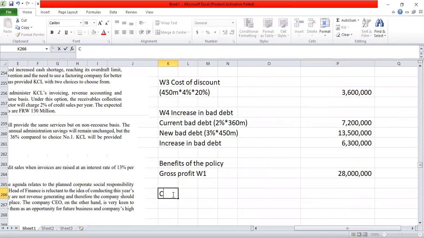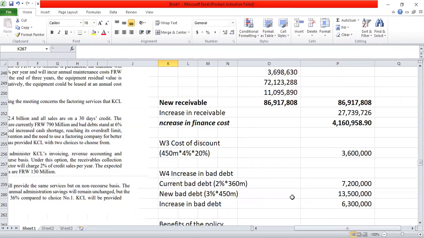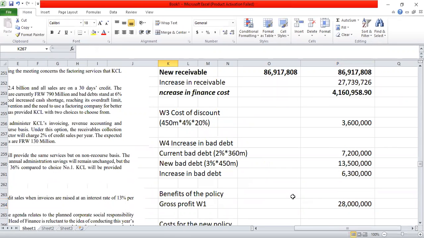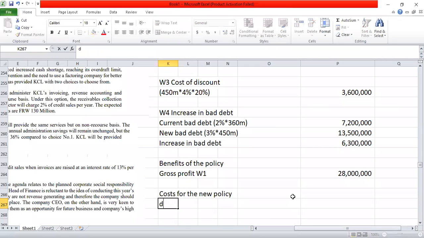Then costs for the new policy: first I have a finance cost, a discount cost, working 3.